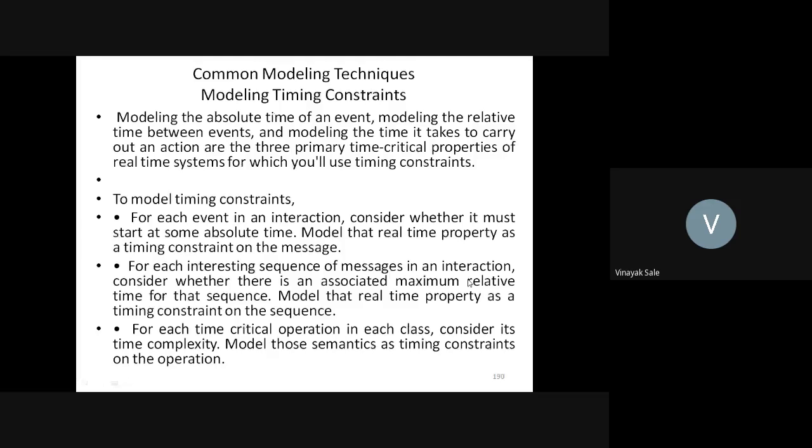So what are the common methods of modeling the time-critical nature of a system? The absolute time, and the relative time between events.